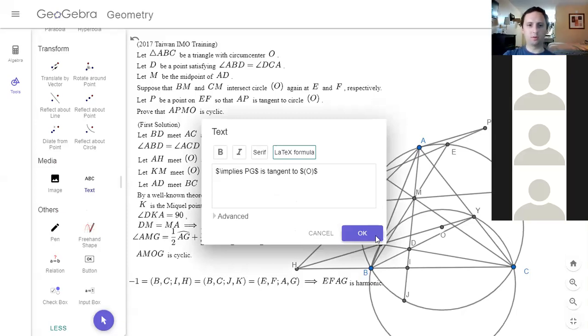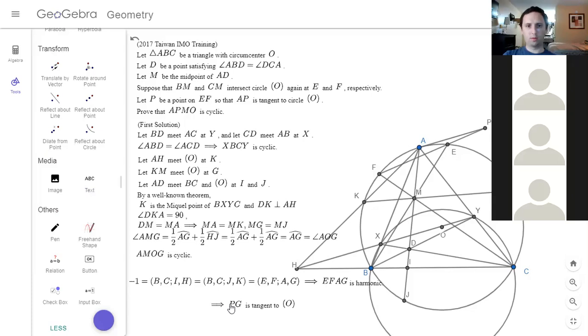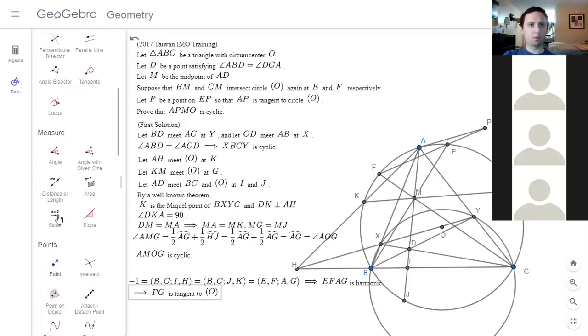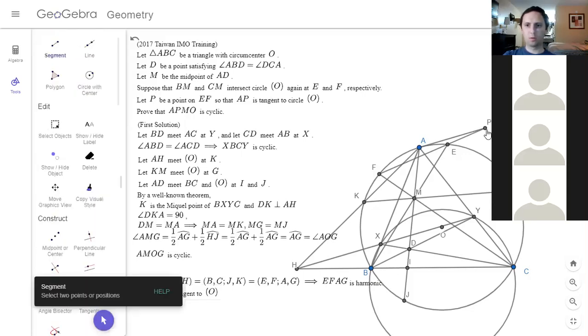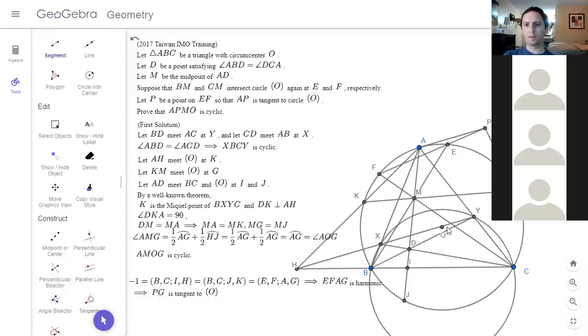And then I would guess it's probably an angle chase. Because OPAG is obviously cyclic.